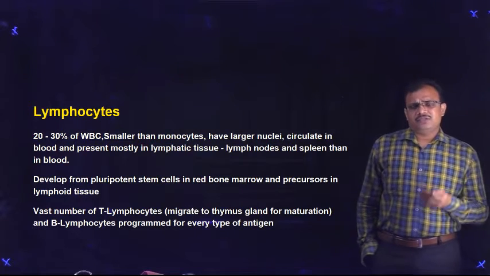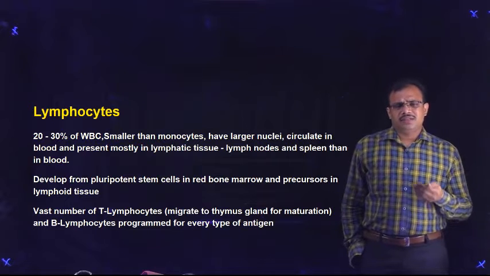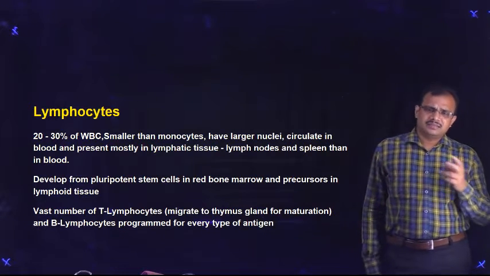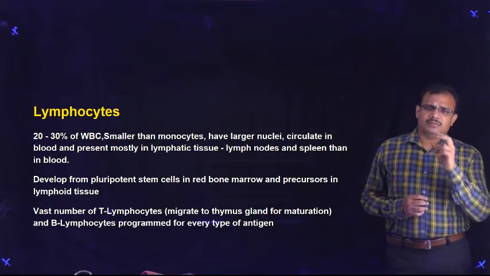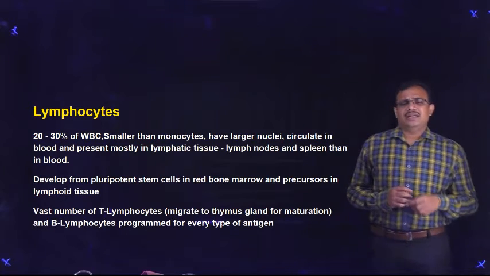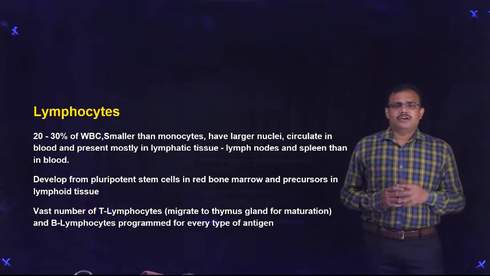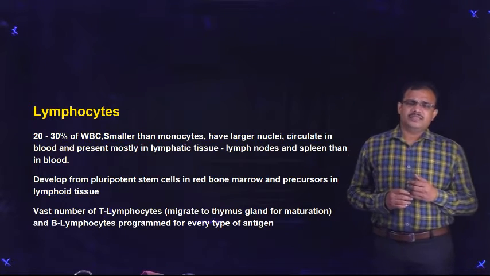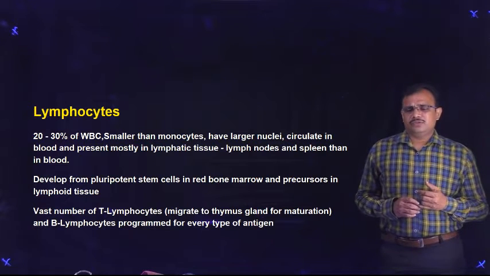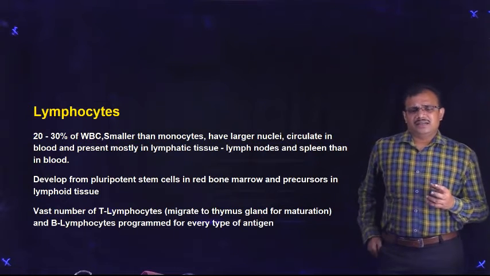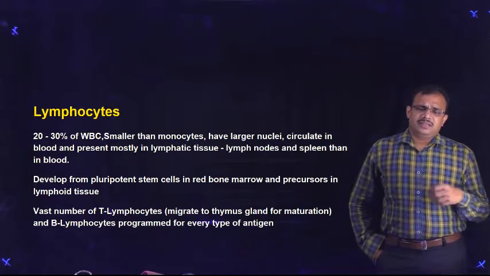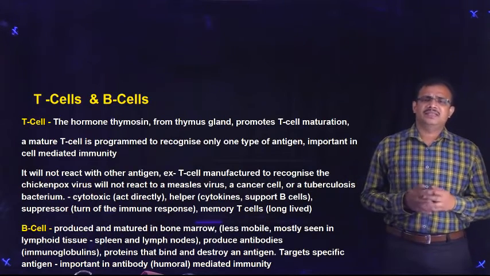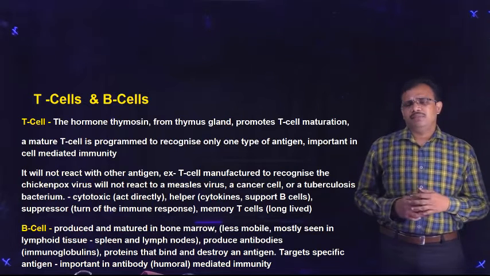The T lymphocytes produced from this lymphoblast migrate to the thymus gland, which is a part of lymphatic tissue, and the thymus gland causes maturation or development of these T lymphocytes. The B lymphocytes generally are present within the bloodstream. Now let's see about these T lymphocytes and B lymphocytes.